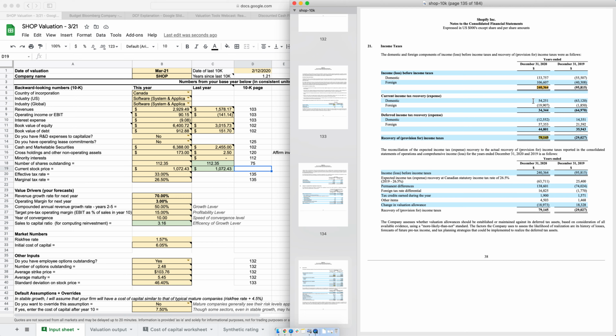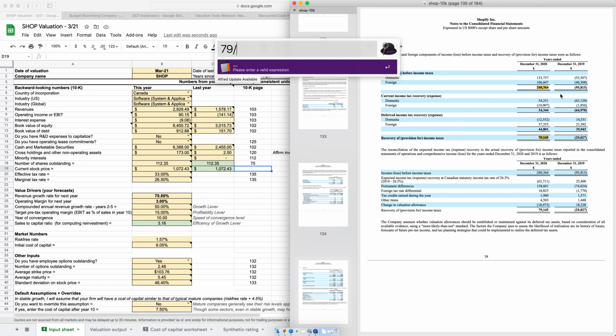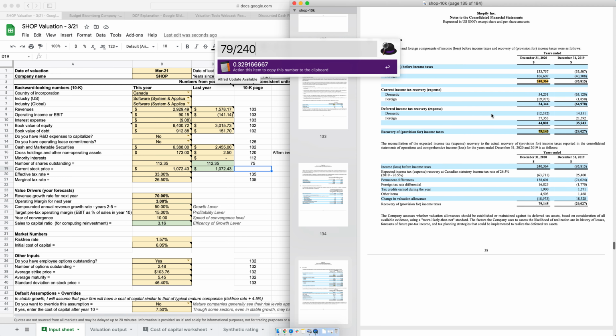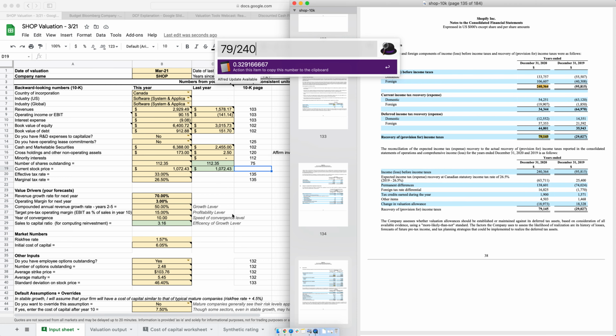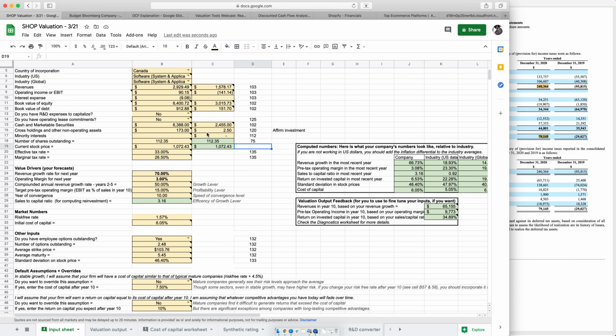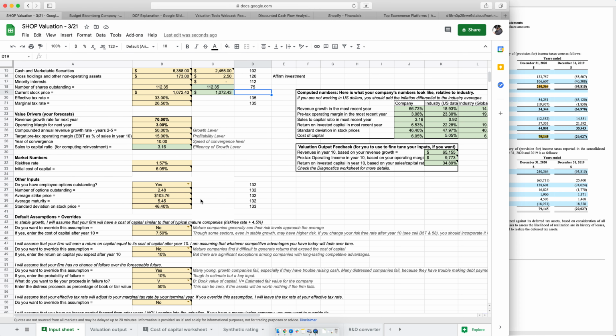I took 79, which is, I believe, the taxes that they paid, and I divided that over all of their taxable income. So I basically did 79 over 240, which gives me around 33%. Anyway, okay, so that's the effective tax rate. So that looks good. It looks like we're done with this top part. We're going to skip over the assumptions for now because we'll get to that at the very end.